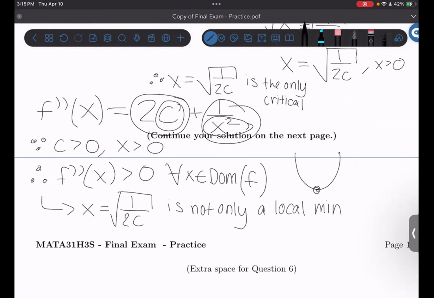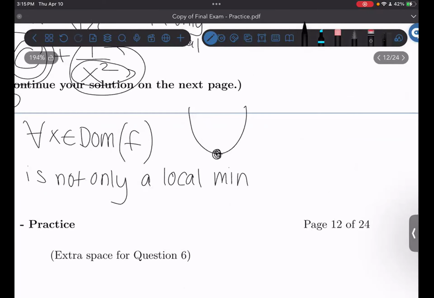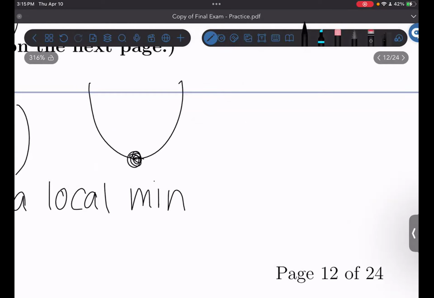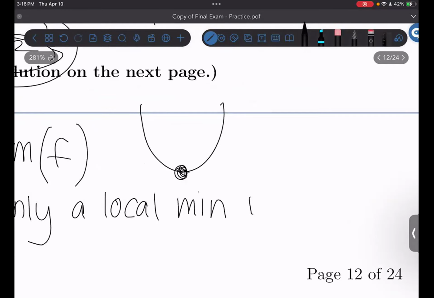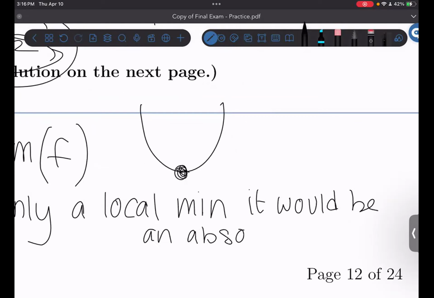But since it's the only critical point, it would actually be the absolute minimum. Okay.